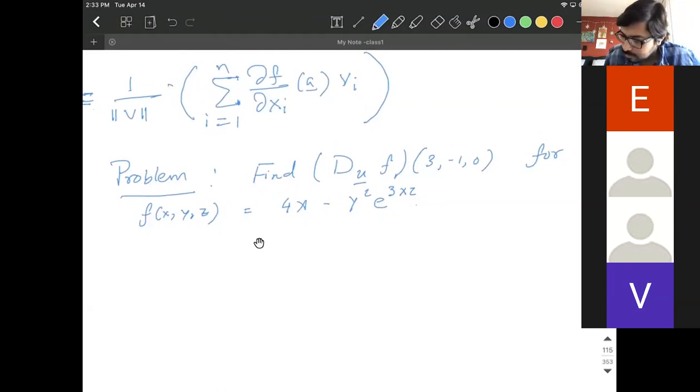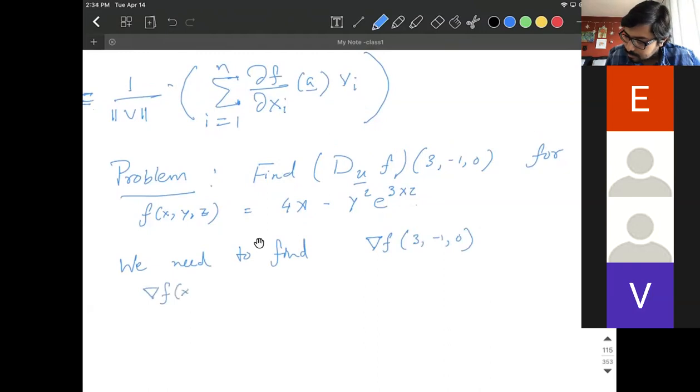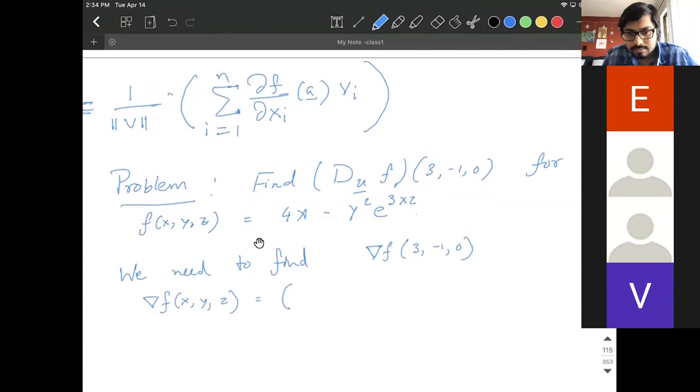So we need to find the gradient of f at this point, 3, -1, 0. So this is the gradient. I mean, it's just del f/del x, del f/del y, and del f/del z.